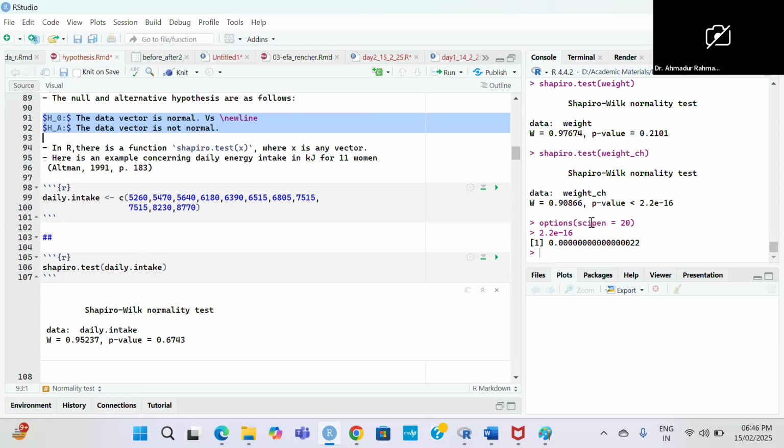So when we are testing this and getting this p-value, that means we are rejecting the null hypothesis, so we are saying that our data is not normal. So one weight data was normal, and the second weight data is not normal.